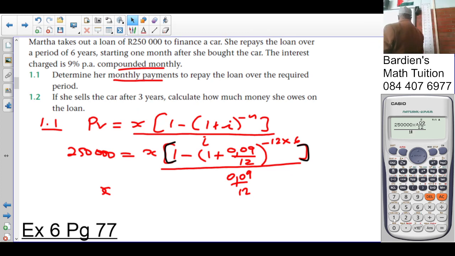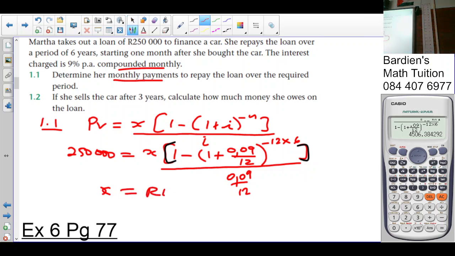So it's 1 minus, open brackets, 1 plus 0.09 over 12 to the exponent negative 12 times 6, is thus 4,506 rand and 38 cents. Is that correct? So it's 4,506 rand and 38 cents.